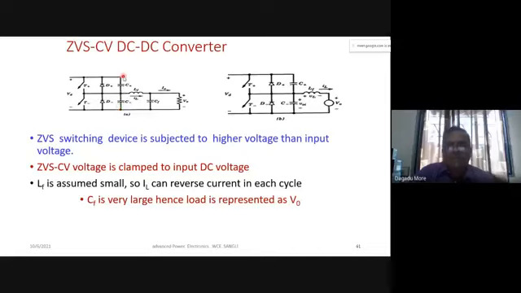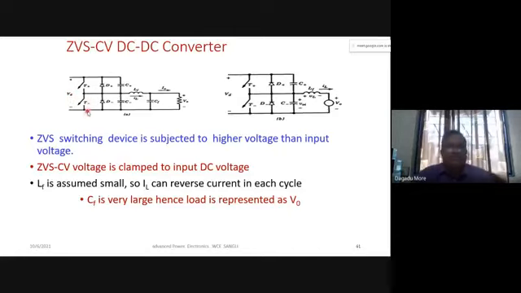So what is the purpose of the capacitor? The purpose of the capacitor is for zero voltage switching, and we are also using the diodes for clamping the voltage to the DC voltage level.